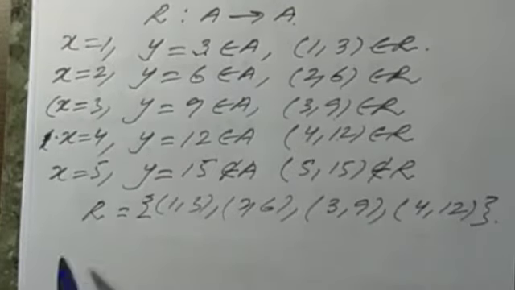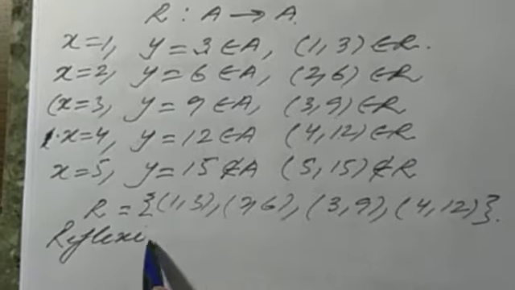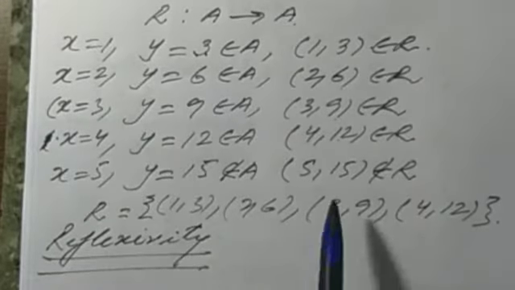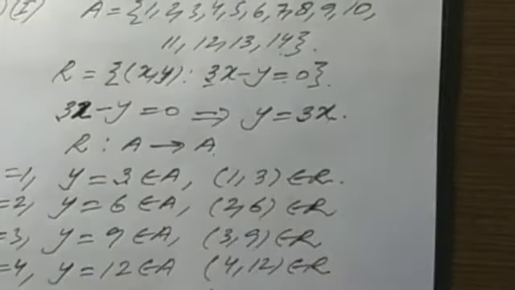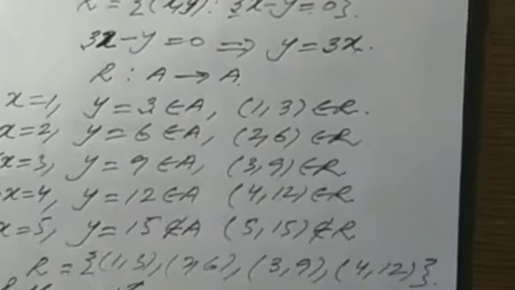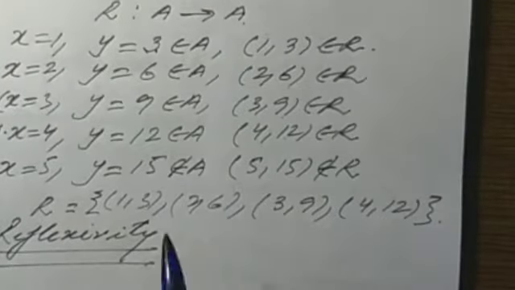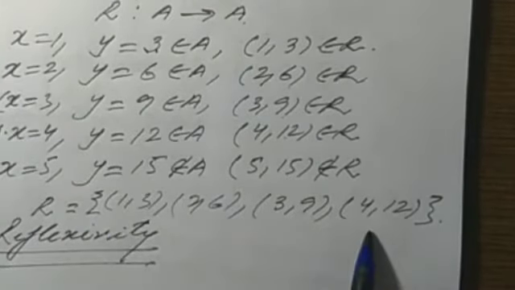Now we have to check reflexivity. As we know, the domain is A, and A is the set of all numbers from 1 to 14. It is not reflexive because no element of the domain is related to itself. That is, there is no (1, 1), (2, 2), (3, 3), (4, 4), (5, 5) and so on up to (14, 14). No element is related to itself.